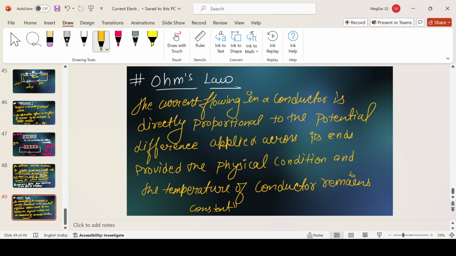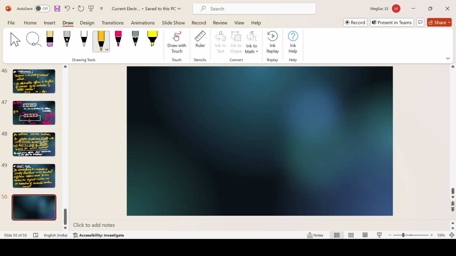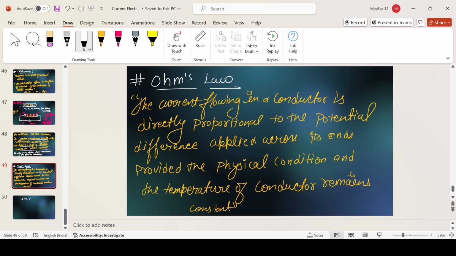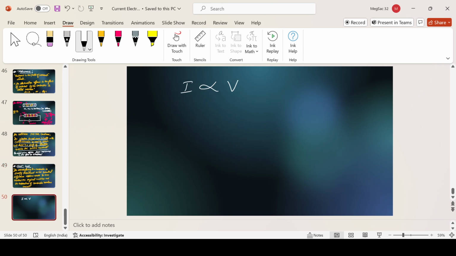Okay, so what it is saying, the current flowing through the conductor is directly proportional to the potential difference applied across its ends, provided the physical condition and temperature are constant. That means at a constant temperature. Clear, everyone?